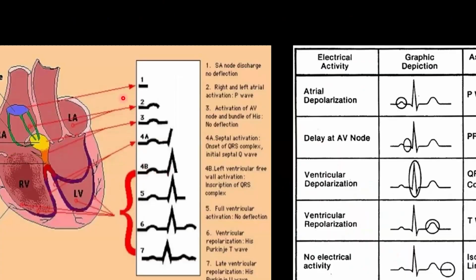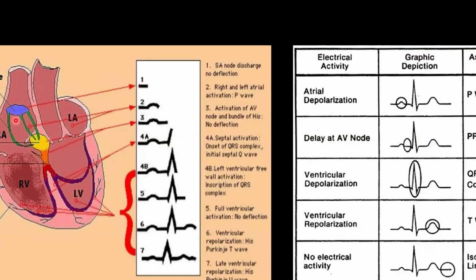These two illustrations depict the result of the traverse of the impulse from SA node to ventricles and recovery on the clinical electrocardiogram that we see. So the SA node does not cause a deviation from the baseline.